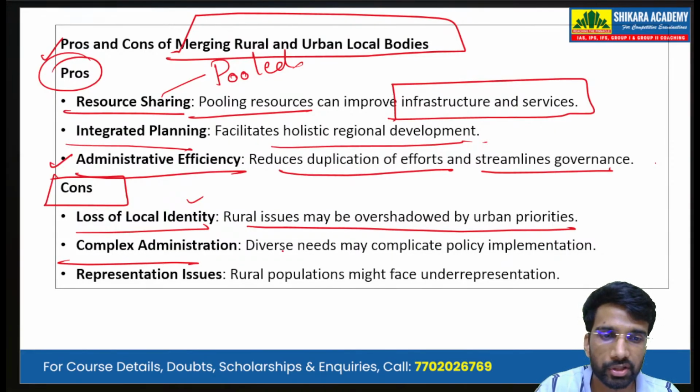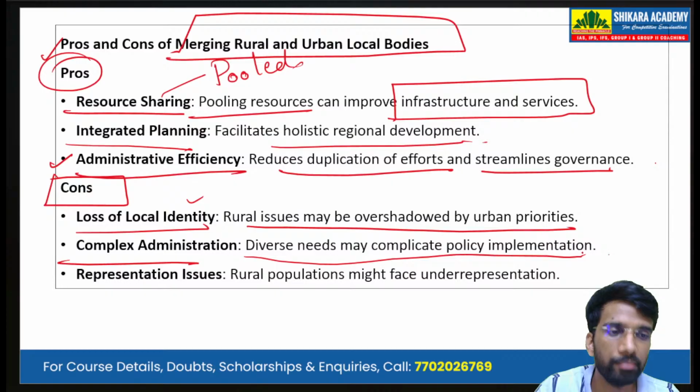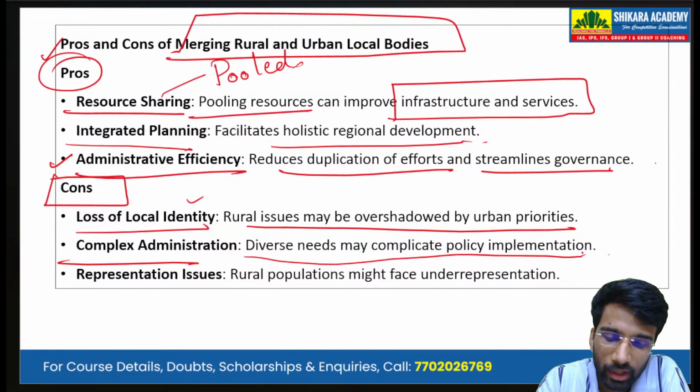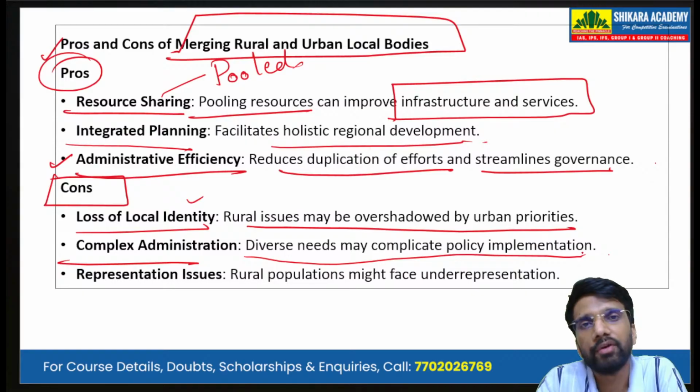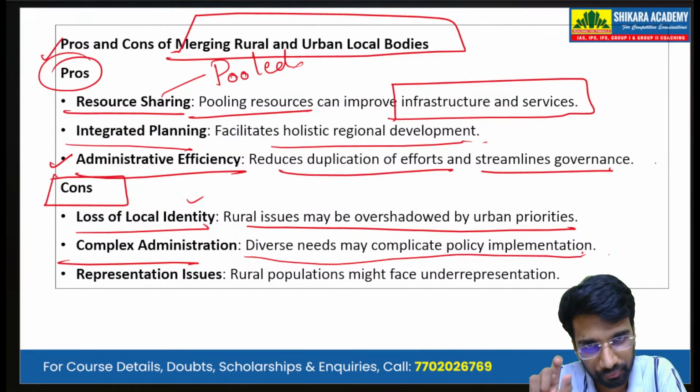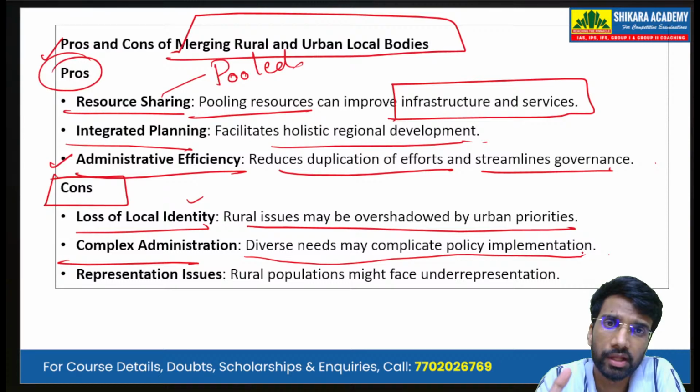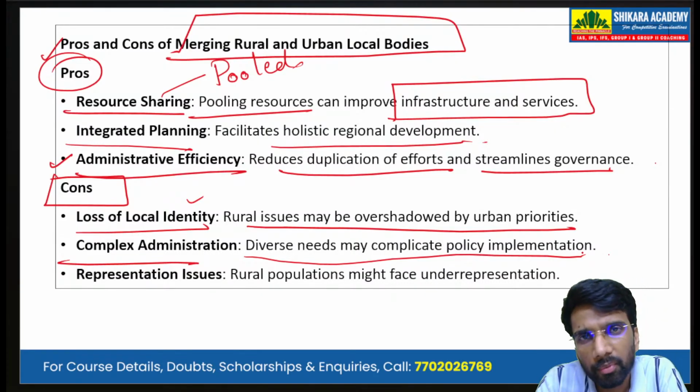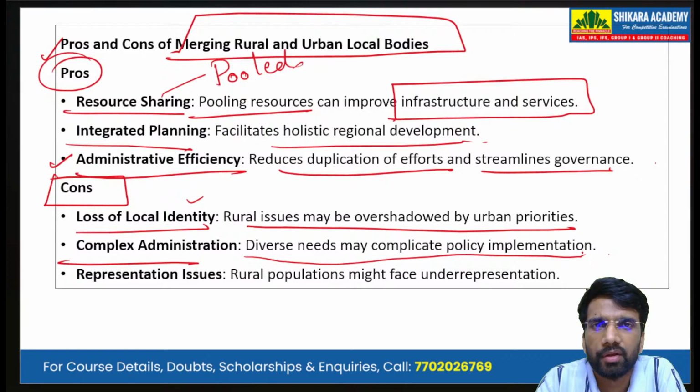Then there is complex administration. Diverse needs may complicate policy implementation. Now, the rural landscape and the urban landscape are two different areas, and both have their own diverse needs. If we merge them, then for the administration, it will be a very complex task to implement a particular scheme in both areas simultaneously.